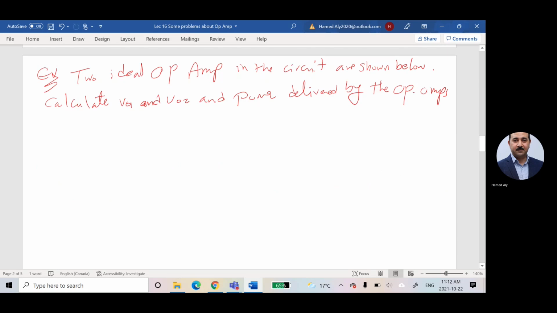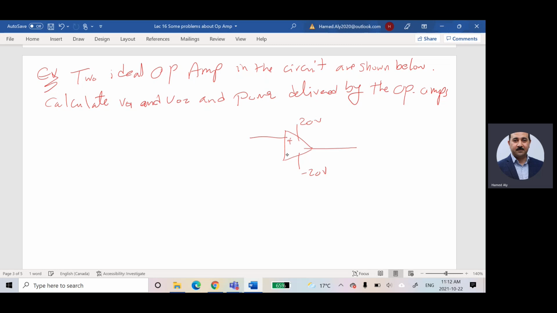They give me these two circuits. This one, and he told me that this is 20 volts. This is negative 20. He said this is positive and this is negative. This guy is 15 volts. We have this guy, which is 500 ohms, and this guy is connected here to that.